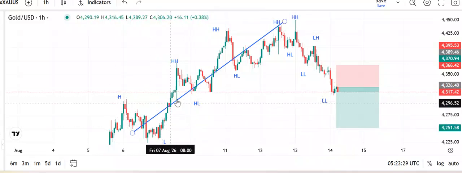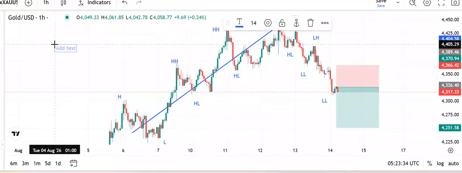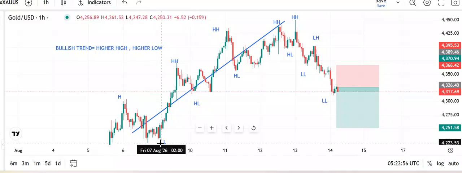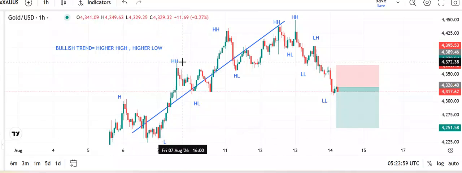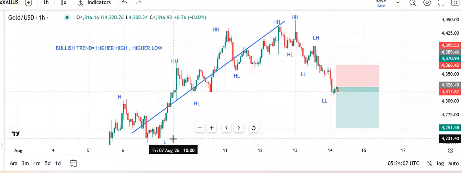Now the trend here is bullish trend. And bullish trends are characterized by higher high and higher low. So anytime you see the high, the low, then the higher high, this particular high is higher than this high, and this low here is higher than this low.